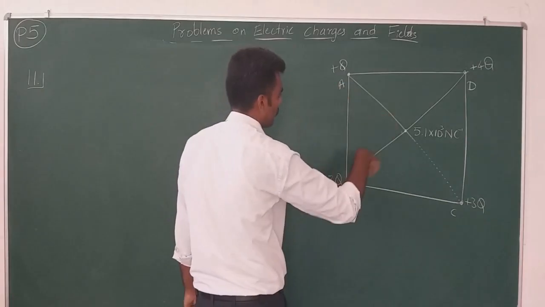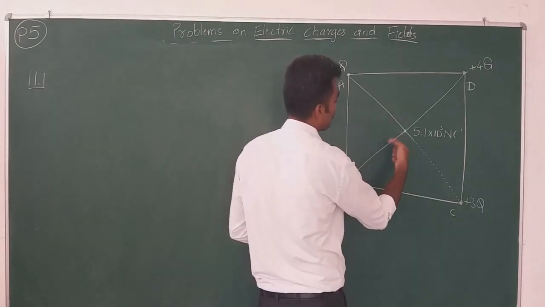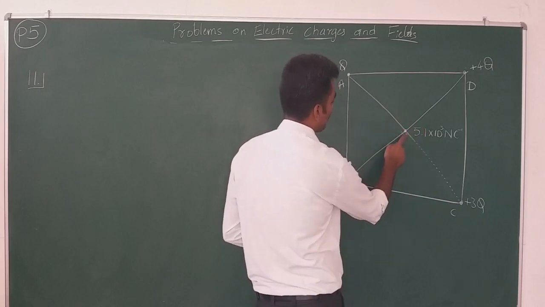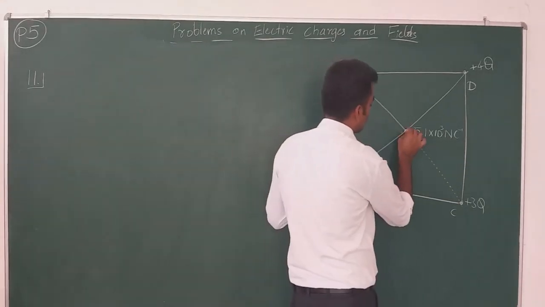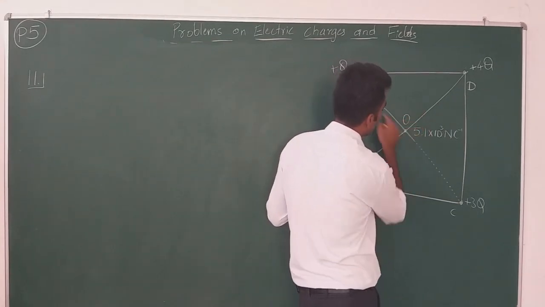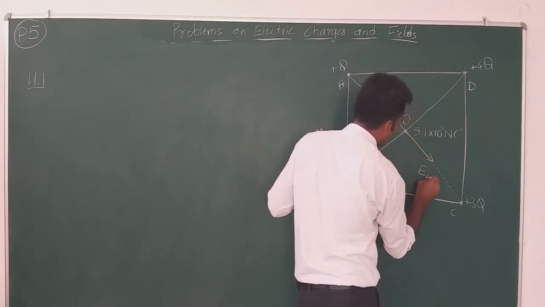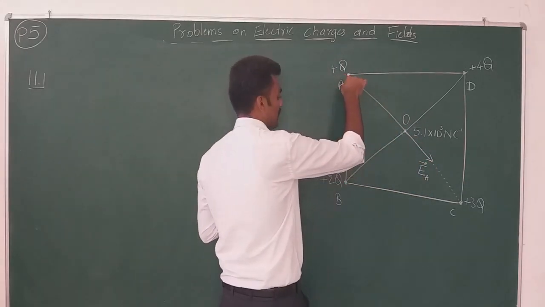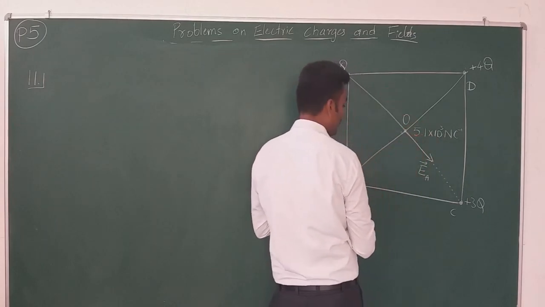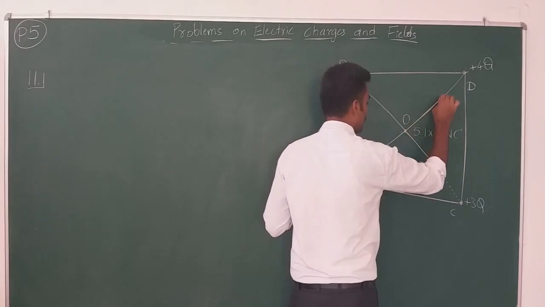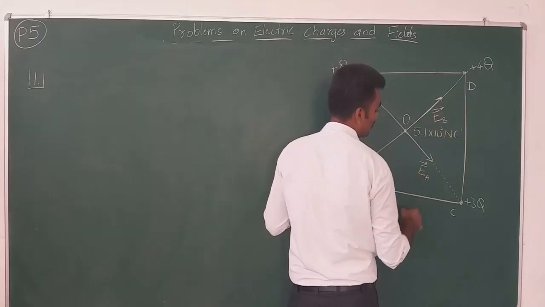Now, each of these charges will obviously produce their own electric field, and we need to consider the vector sum of these individual charges at the center. So, let me name the field at the center. Let me call the center as O, due to charges A, B, C, D. This charge A will produce electric field EA in this direction because it is positive. Similarly, due to B, let me take this as the electric field, so this is our EB.